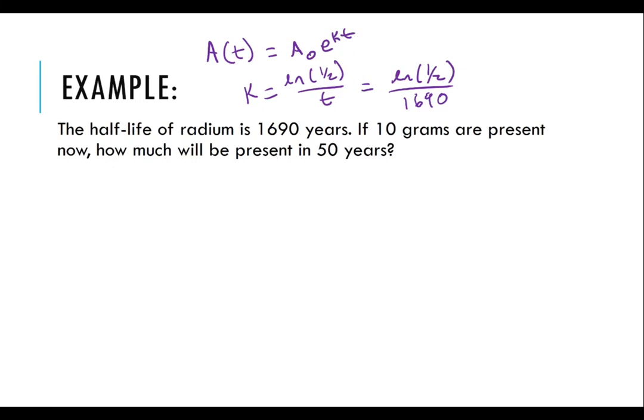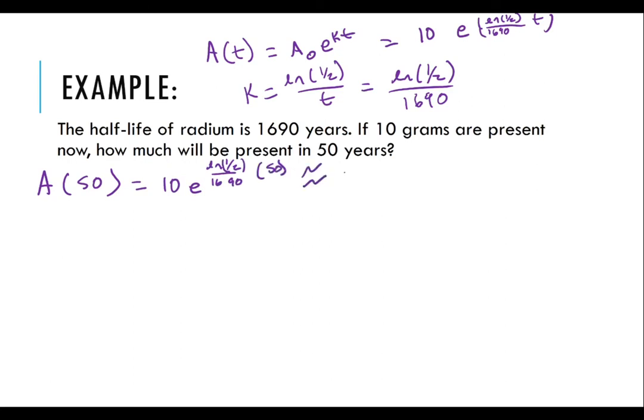Well, we have our k, so our actual equation is the initial amount of 10 times e to the natural log of 1/2 divided by 1,690 times t. That's all the exponent. Thus, we're calculating A(50), which is 10 times e to the natural log of 1/2 divided by 1,690 times 50. I get that this is approximately 9.797 grams. So that's how much would be left after 50 years.